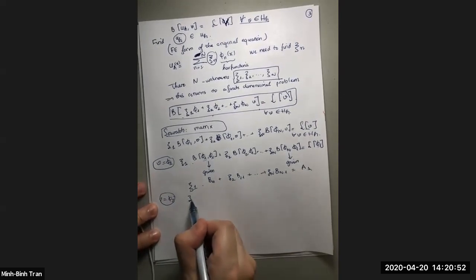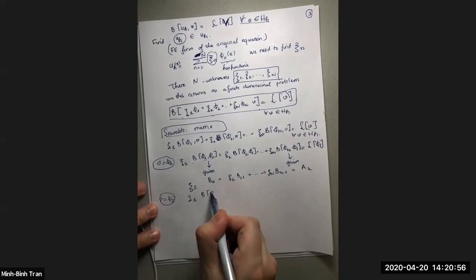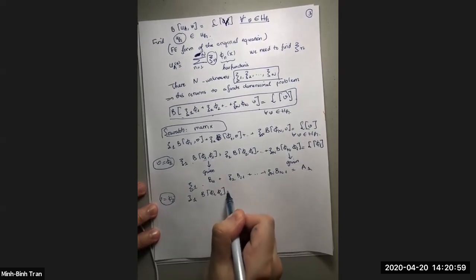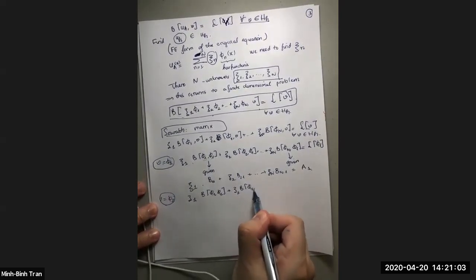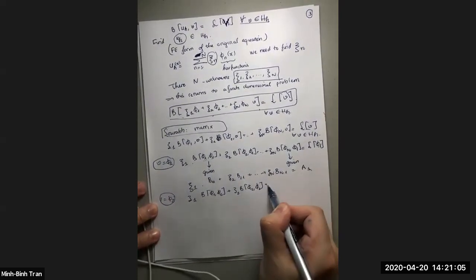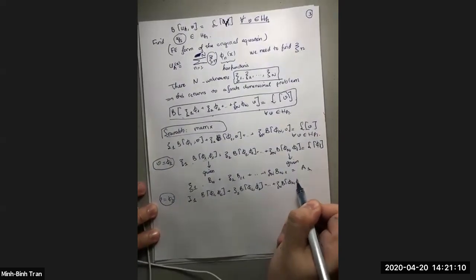So when I replace V by V2, I'm going to get C1 B(V1, V2). Then here I have C2 B(V2, V2). And here I have Cn B(Vn, V2).